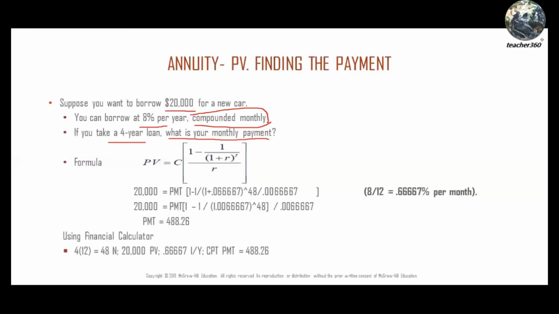So now we have to find the interest for each month. You can divide your annual interest by 12 months, and then you'll get the interest rate per month, which is 0.66667%. So using this formula, you'll get a PMT of 488.26.